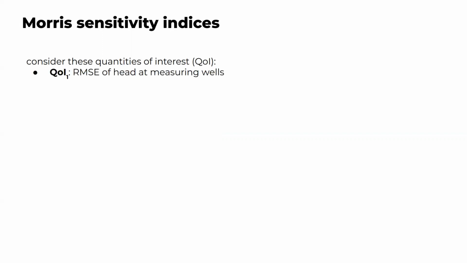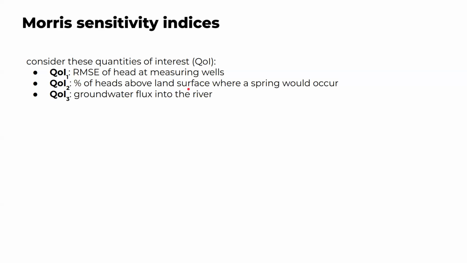The first quantity of interest is the root mean square error of the difference between the measurements of the heads and the prediction of the heads at the measuring wells. We take a look also at the percentage of heads above the land surface where a spring would occur. And then we consider the quantity of interest groundwater flux into the river, and then the actual head prediction at each measuring well. And then, given these 27 quantities of interest, we do Morris sensitivity on those.